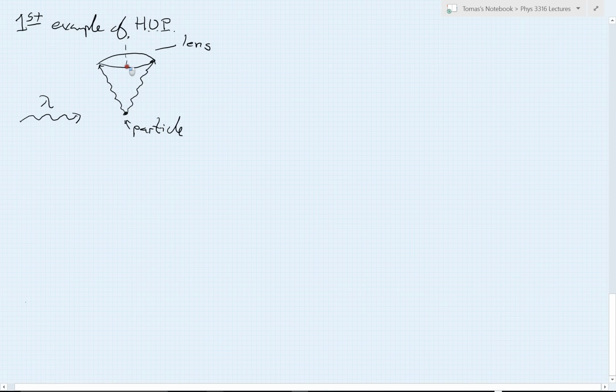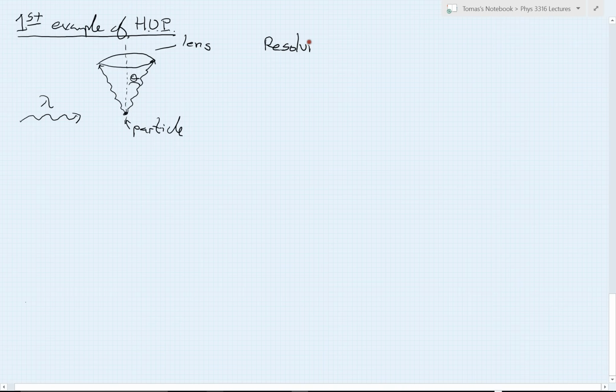Now, to measure the size of the lens, which enters into our considerations, you typically would measure the angle theta that the lens subtends relative to the particle. Now, in such a setup, there is always an uncertainty in where that particle is. That's because microscopes have a limiting resolving power.